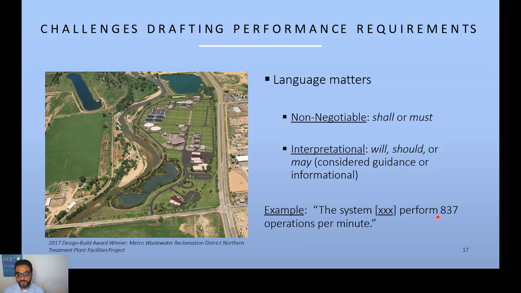For example, the system shall perform this number of operations per minute. If you say shall or must, this number should be satisfied exactly. But if you say may, that's guidance. This is a little subjective, but if it's asking for 835 operations per minute, you don't go to 100, but 800 to 900 may be acceptable.